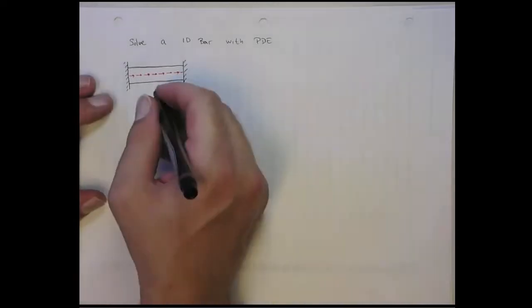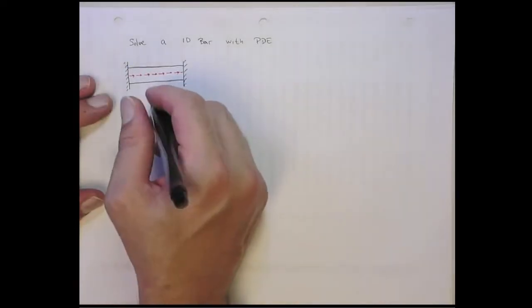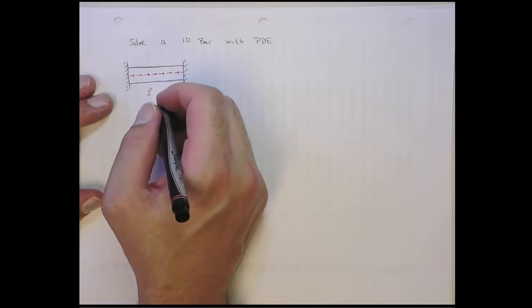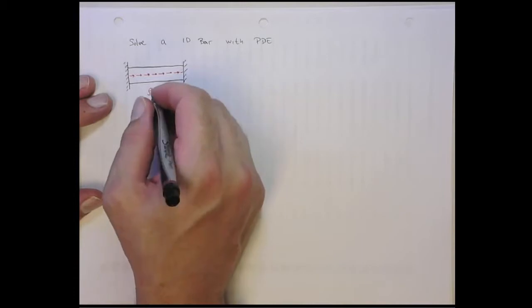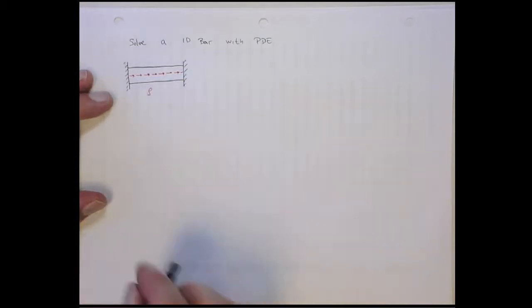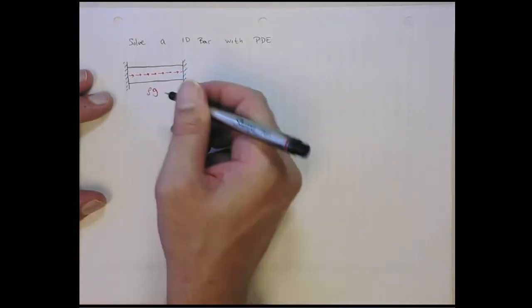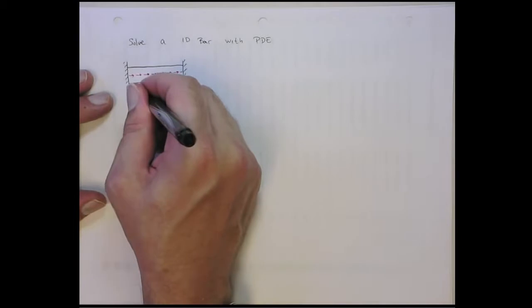And then the value of this load is rho, no, we'll just do rho, so it's rho g. Okay? So that's our body force.